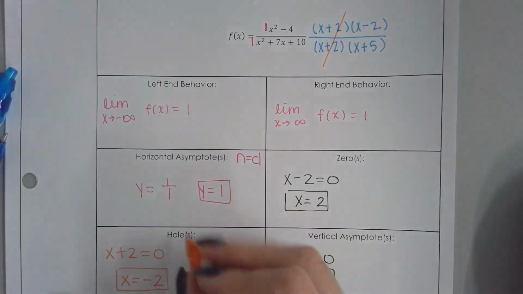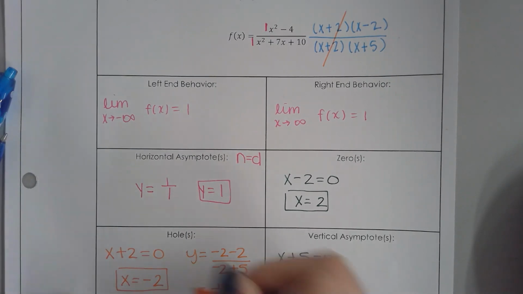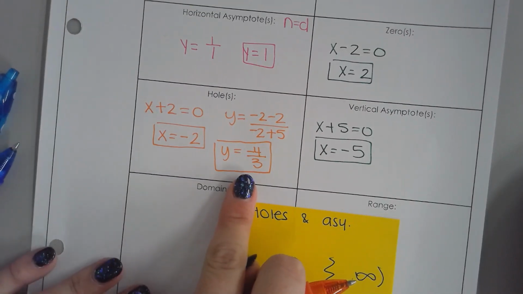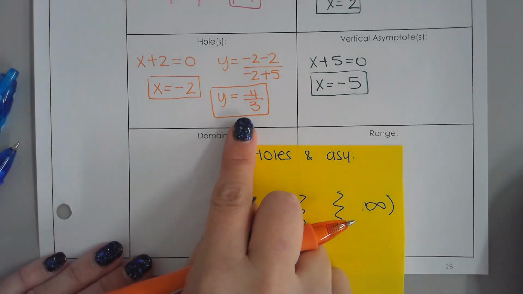So it would be negative 2 minus 2 over negative 2 plus 5, which is negative 4 over 3. Again, you won't always see holes with the x and the y, but you might need it.